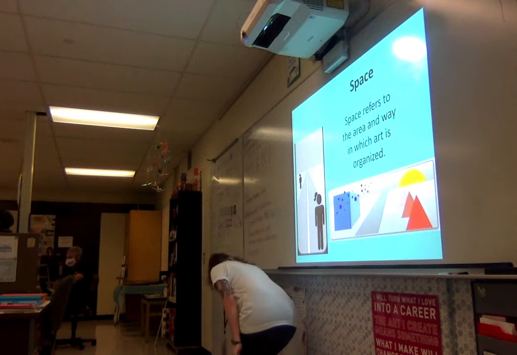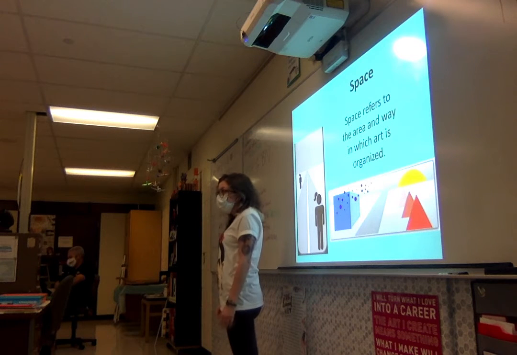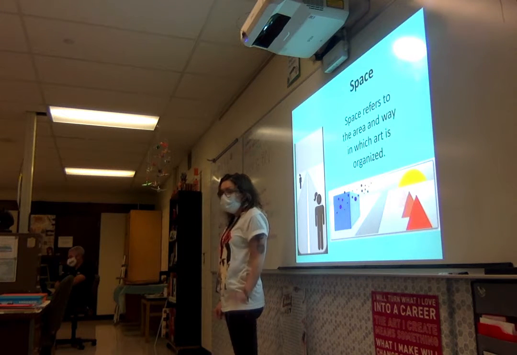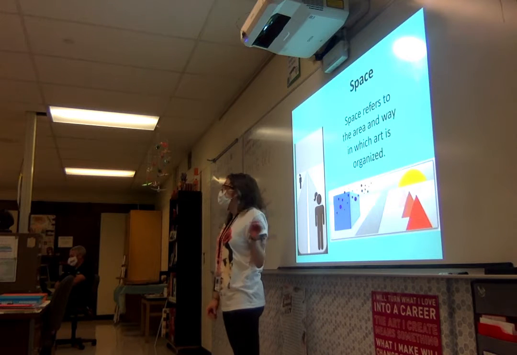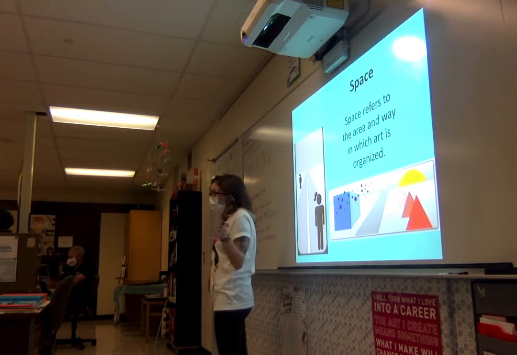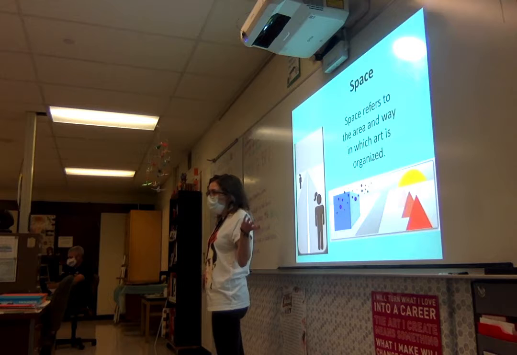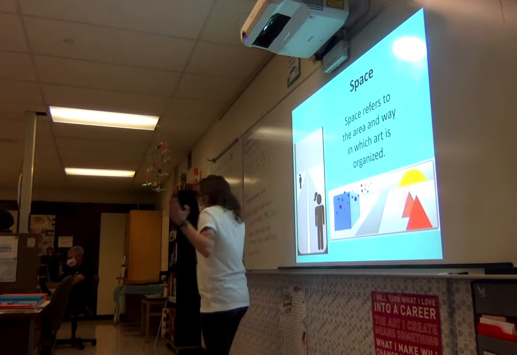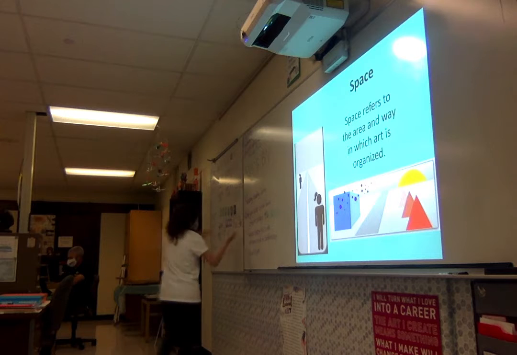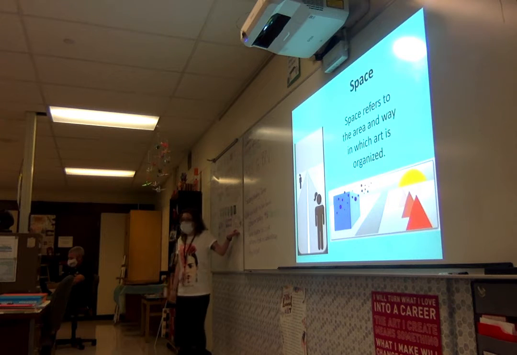Another way that I can easily see space is by looking at the FedEx logo. We all know what that looks like, right? FedEx, the mailing company. So if you look at FedEx, I have it written kind of small over here. The positive space is the actual letters, the F-E-D-E-X.